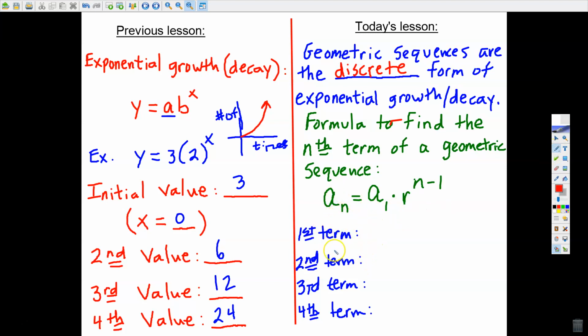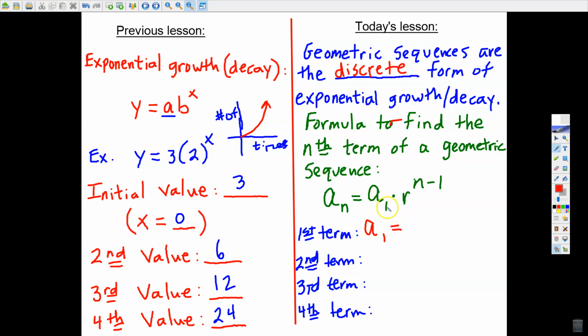All right, so using this example over here on the left and using this formula that I've been provided, here's how it would work. To find the first term, that means n is 1. So this little notation here means the first term. We'll use the letter A for terms, and then whatever term we're looking for, that will be n. So this represents the first term.